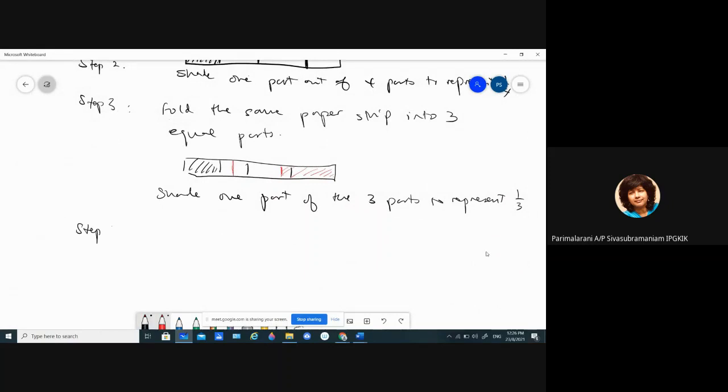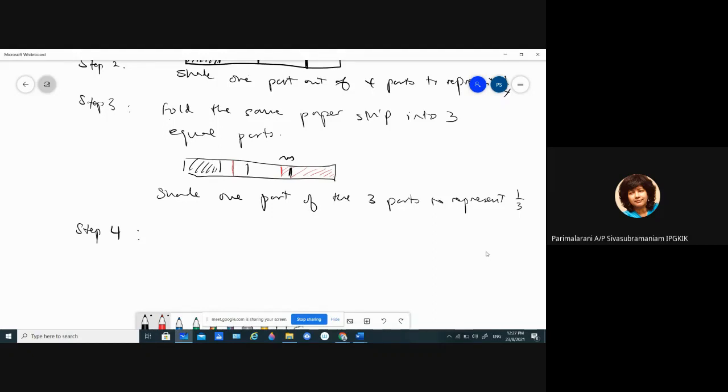Step 4 will be, you see the smallest section here. Now you want to fold the whole paper strip according to this section. How do we fold? You just press on these 2 lines here and then you fold like a fan, backward and forward until you have covered the whole strip.